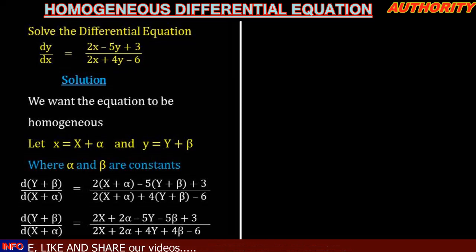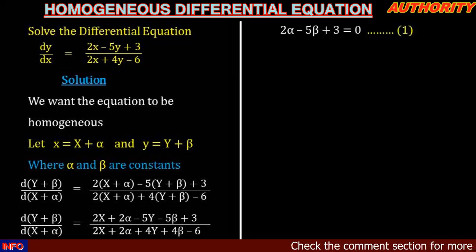Now we see that alpha and beta are constants, and we are going to find their values. In the numerator, let's look at the constants: we have 2 alpha minus 5 beta plus 3.